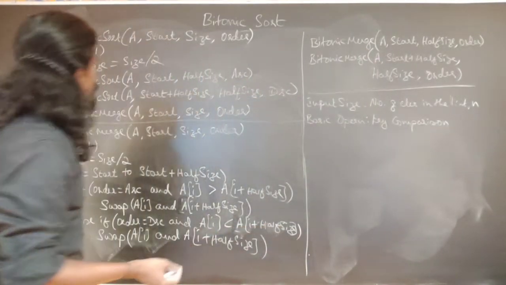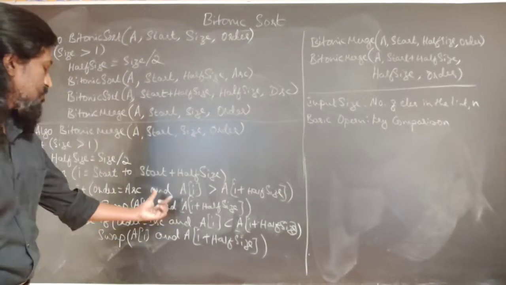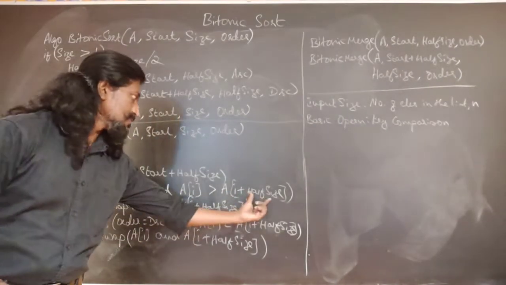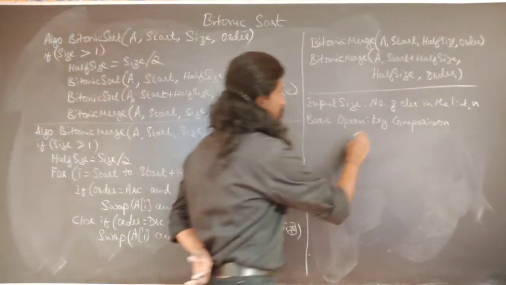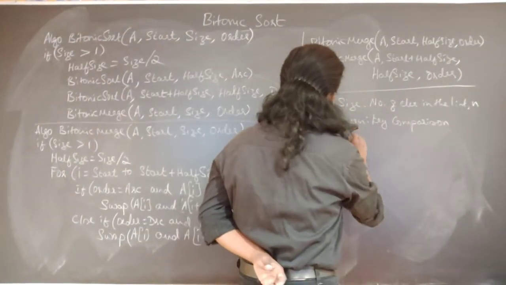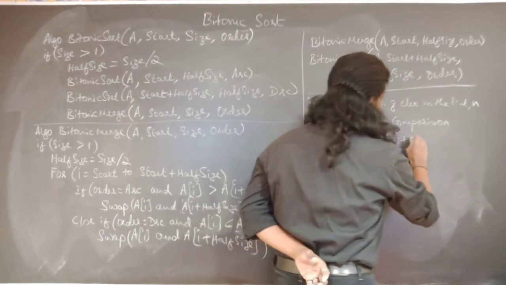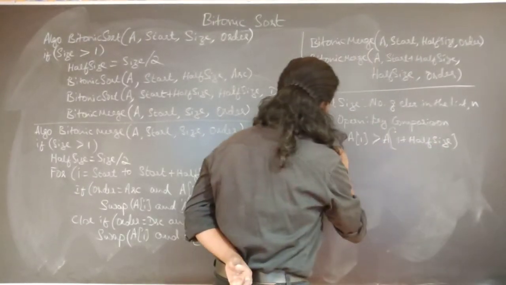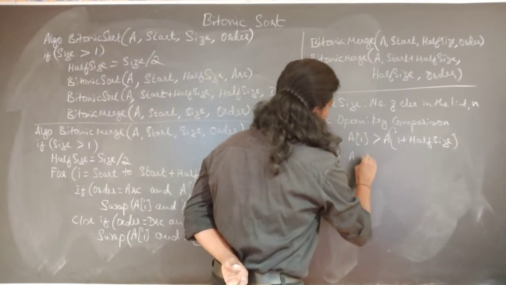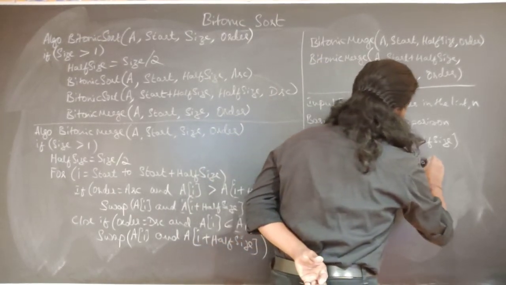Which key comparison operation? The key comparisons a of i greater than a of i plus half size, and a of i less than a of i plus half size.